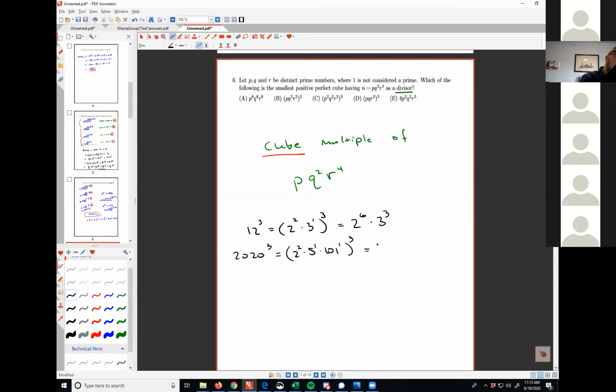When we cube that, we get 2 to the 6th times 5 to the 3rd times 101 to the 3rd. We could try a few more examples, but I'll go ahead and ask, what do we notice about the prime factorization of any perfect cube?